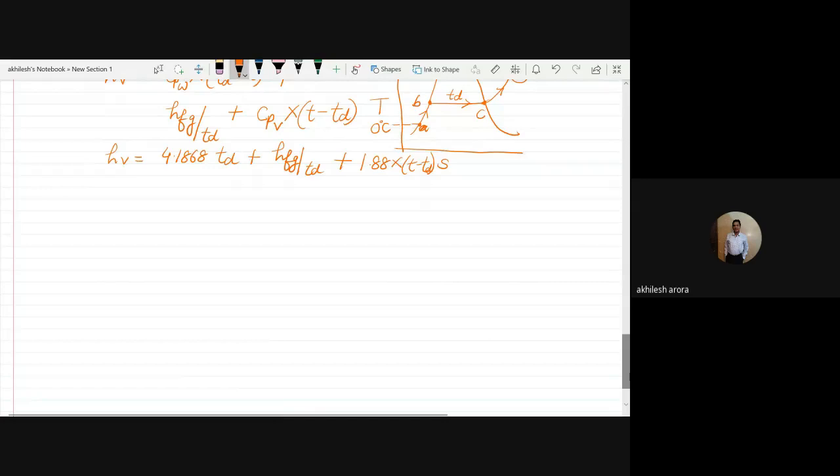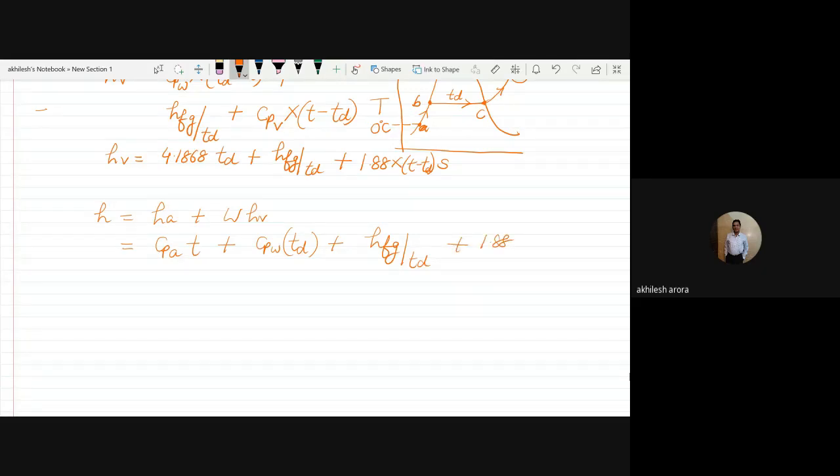So we have written the value of H, which was equal to HA plus W times HV. तो इसका मतलब हमारे पास ये वैल्यू आ गई: CPA इंटू T प्लस W times CPW इंटू TD प्लस HFG corresponding to TD plus 1.88 into T minus TD.